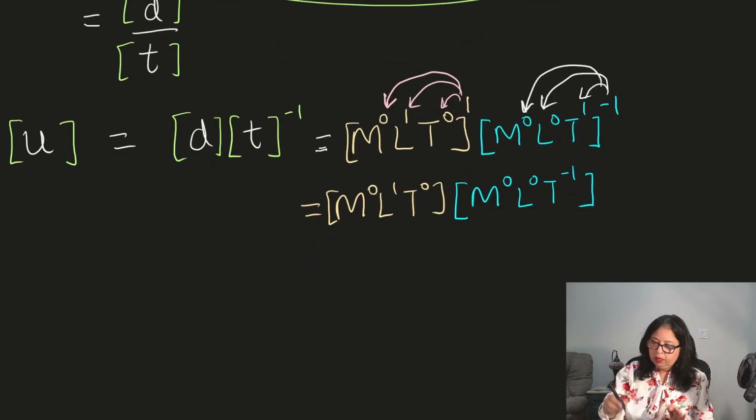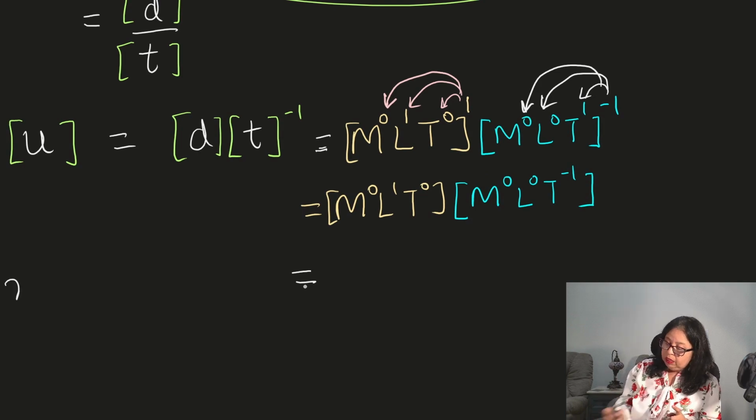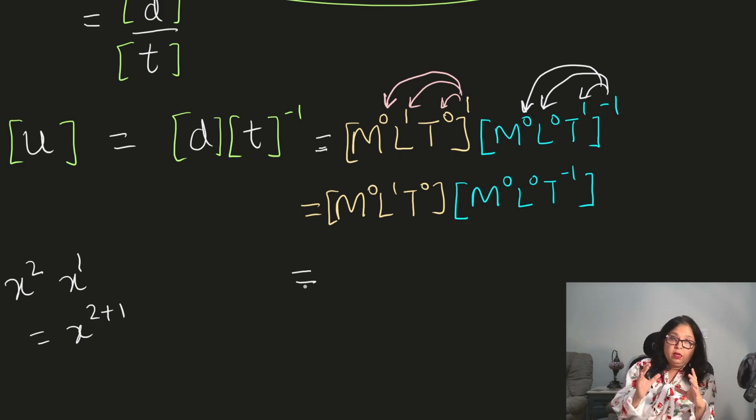Okay. Taking it further. Now, if you have x to the power 2 times x to the power 1, what does this give you? x to the power 2 plus 1. Whenever you're multiplying any two variables, as long as the base is same, which is x here, then when you're multiplying, you add the powers.